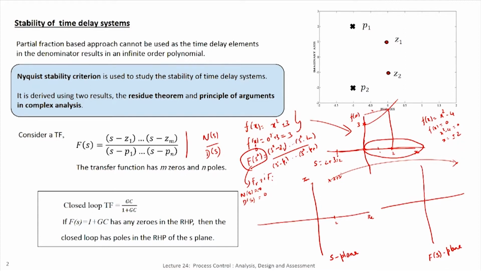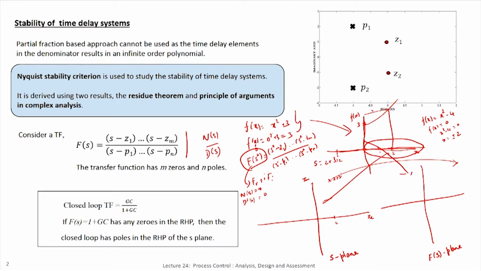Notice something interesting. In this plot, if I found where f of x goes to 0, I can plot x on this line. But whenever I find the zeros of this transfer function, which is written in the n of s over d of s form, and I ask when will n of s go to 0, those points cannot be plotted here; they will have to be plotted in this plane. So, basically this single line has become a plane and this single line has become a plane.